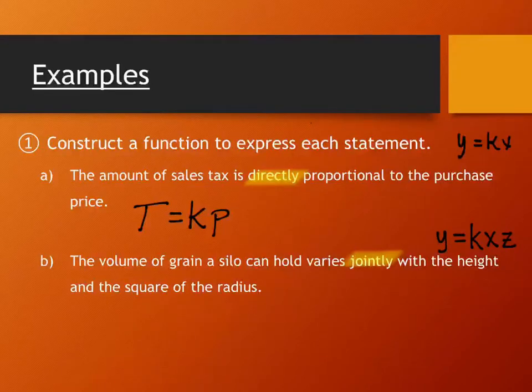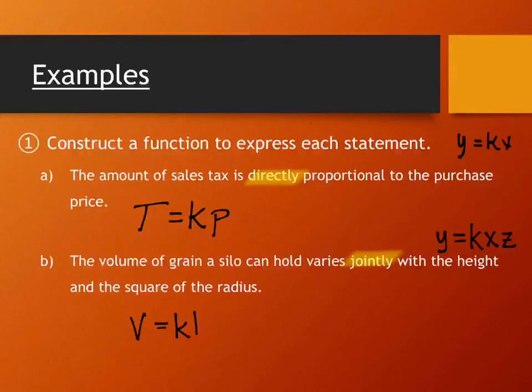This one's a little different. We're going to start out the same. It says the volume a grain silo can hold. So what are we going to let volume be? Letter? V would be great. Volume equals, and it's always going to have that K. And then it says with the height. So what might we want to use for height?